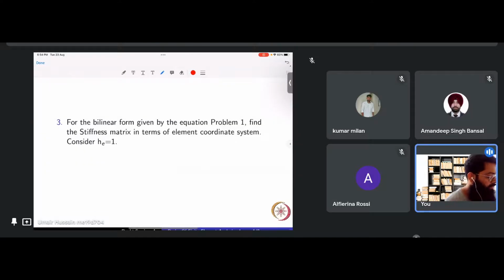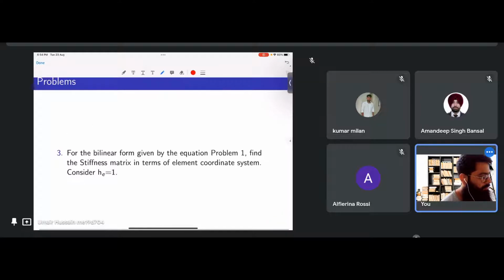To get the bilinear form, what we need to do is find the weak form. So what bilinear term will we get from here? I'll just directly write it. If there's any doubt, let me know.